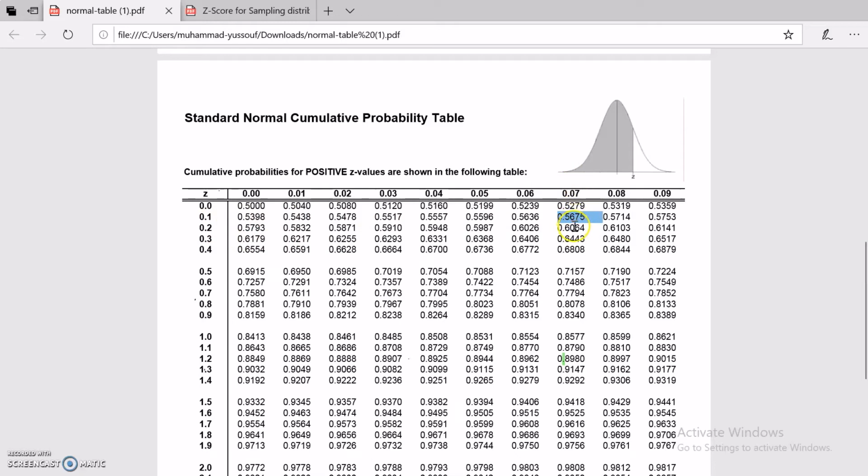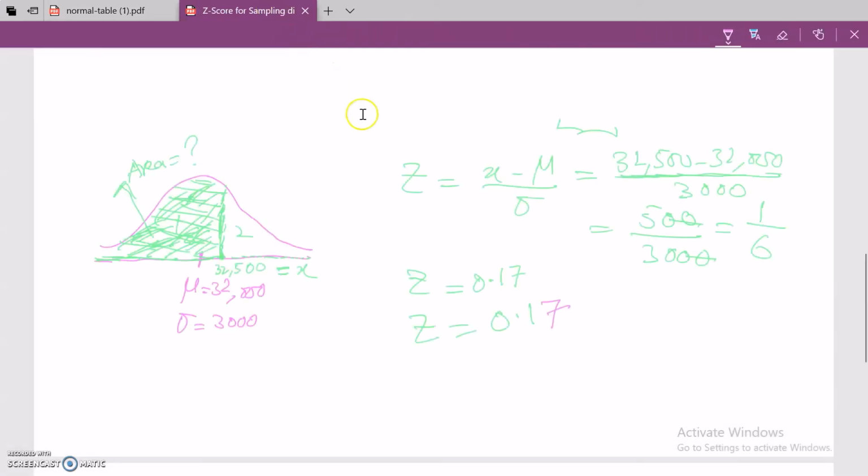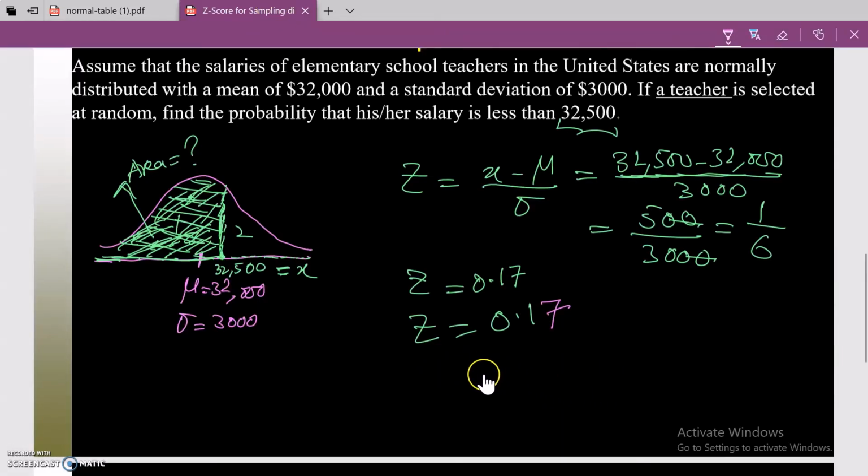So this is 0.5675. So the area comes out to 0.5675. That's the area that comes out to be. So once we have converted this raw score into a z-score, then we were in a position to use this particular table.